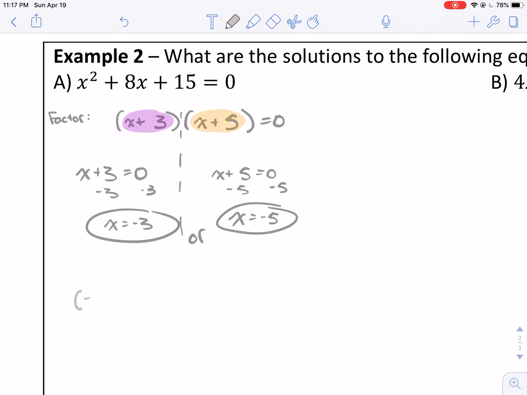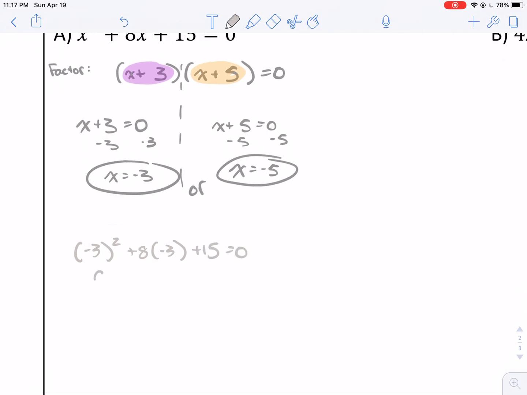Is it true that negative 3 squared plus 8 times negative 3 plus 15 equals 0? Well, 9 minus 24 plus 15 equals 0. I think so, right? Last time I did this it worked. 9 minus 24 is negative 15, plus 15 is 0. So, yep, cool.